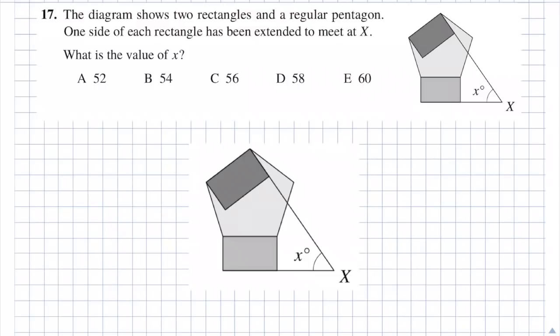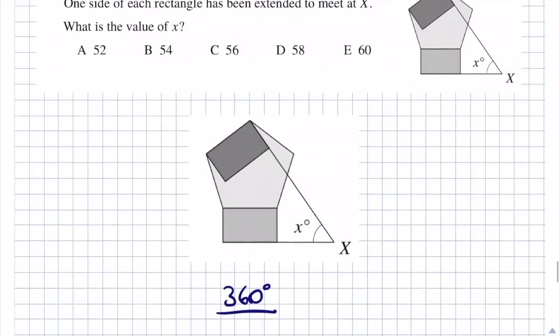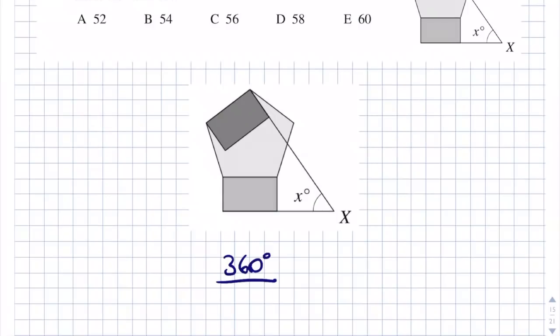Okay, so the first thing we need to do is work out the interior angles of this pentagon. So we can work out the exterior angles by doing 360 degrees divided by the number of vertices, or the number of edges, which is 5. And that gives us an answer of 72.